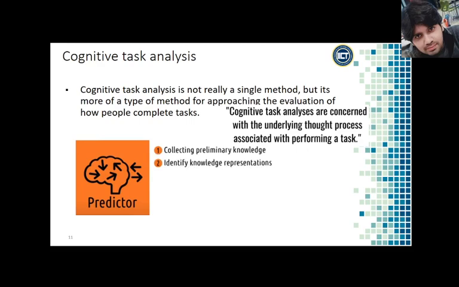Our second step is to identify knowledge representations. In other words, what kinds of things does a user need to know to complete their task? Note that we are not yet concerned with the actual knowledge they have, only the types or structures of the knowledge that they have. For instance, we want to know, does this task involve a series of steps to do in a certain order?